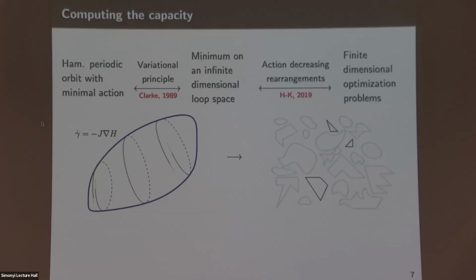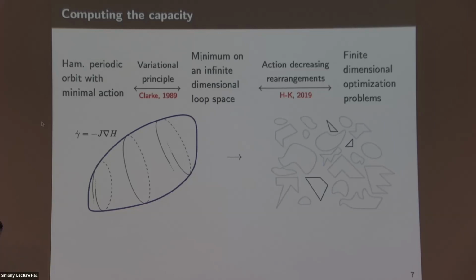A few years ago, I showed that when we are talking about a polytope, one can do some action-decreasing rearrangements such that the minimum of the functional is taken over a finite-dimensional space.